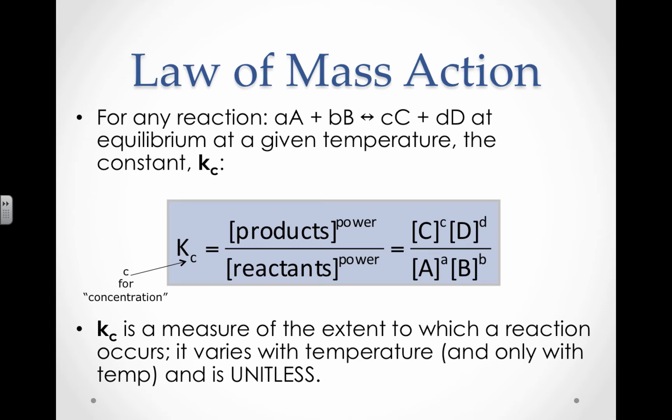For any reaction where you have A and B yielding C and D at equilibrium at a given temperature, the equilibrium constant, Kc, is equal to the product of the concentrations of the products, each raised to their coefficients from the balanced chemical equation, divided by the concentrations of the reactants, which are each raised to their powers from the balanced chemical equation.